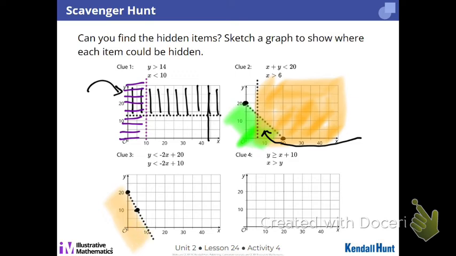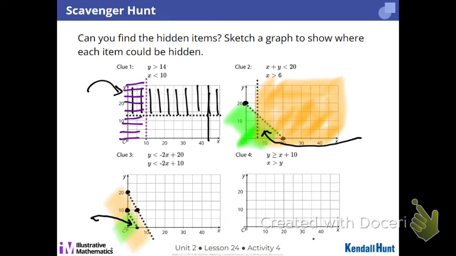Y-intercept of 10. Slope of -2. Down 2, right 1. Okay. Goes through there. And it has to be less than that. Which is down there. Look where they cross. In this little teeny section right here. Well, technically speaking. Okay.